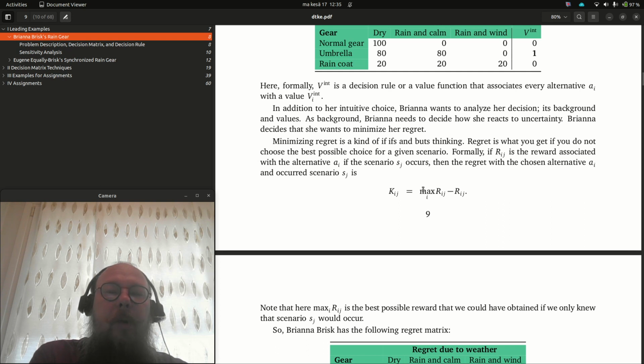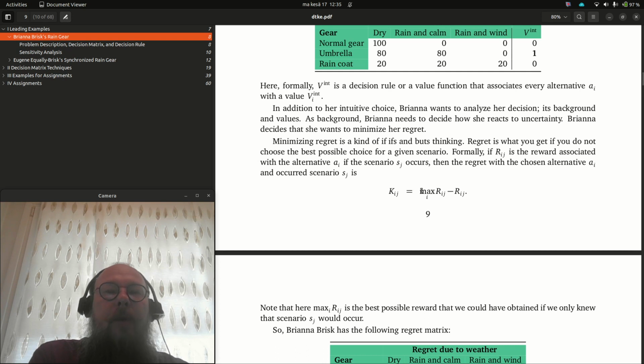So this is what we would have chosen if you knew that j would happen, and then we subtract the Rij. This is the reward we get because we chose i and j happened. So this is the regret that happens when we chose Ai and Sj happened.